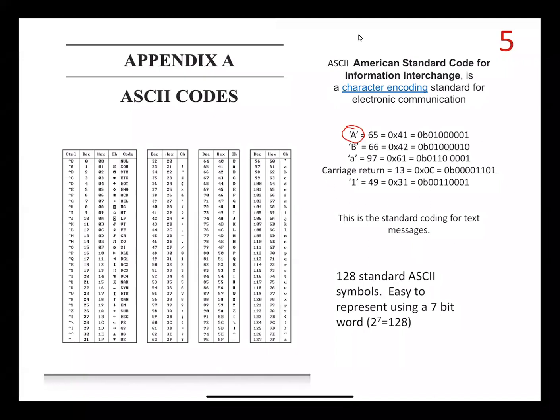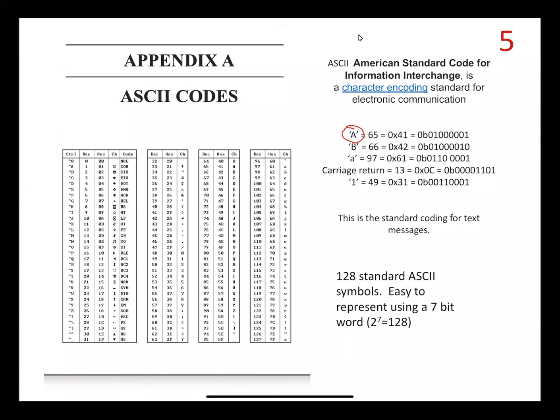And char on our machine is an 8-bit integer. This data type is used to represent characters in what's called ASCII. ASCII stands for the American Standard Code for Information Interchange. It's a standard way of representing characters using either a 7 or an 8-bit word.